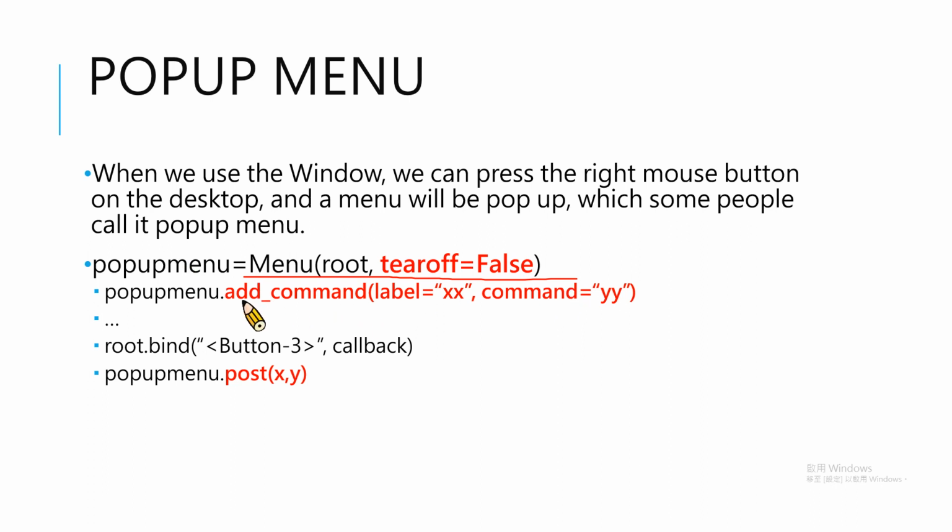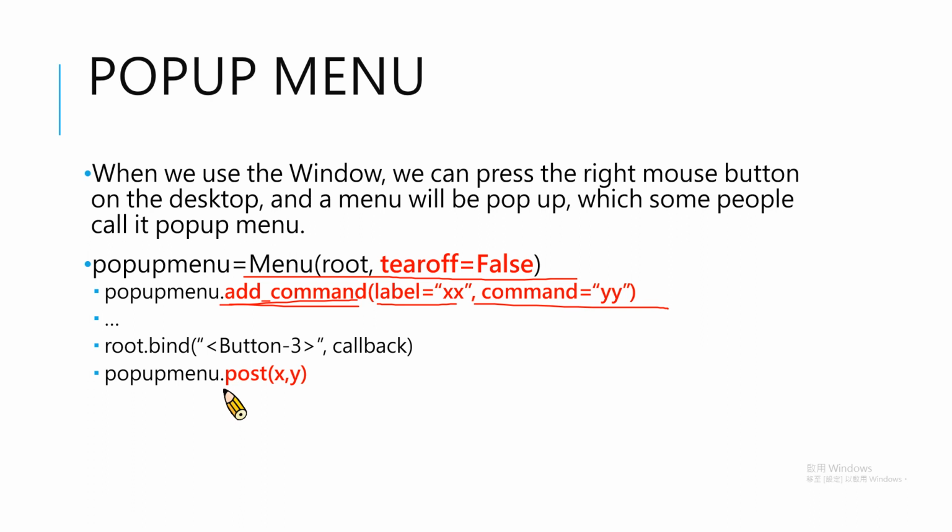After we create the menu object, we use add command to add the menu items into the pop-up menu. And the last thing is that we need to set the position of the pop-up menu to be the coordinate where the right mouse click happens.